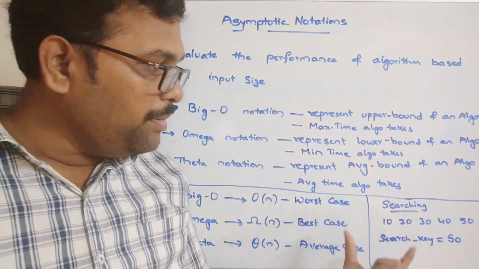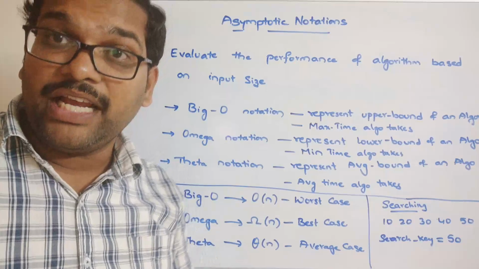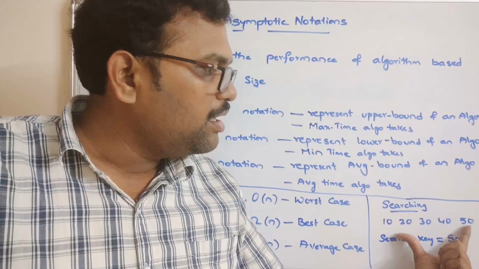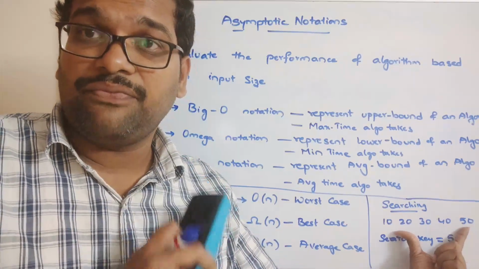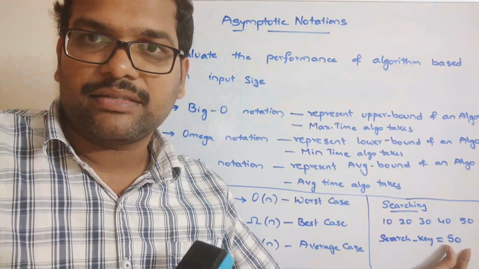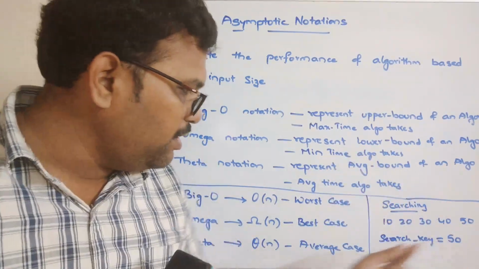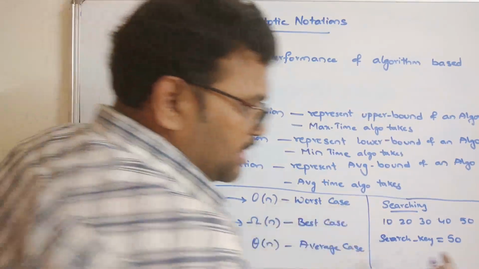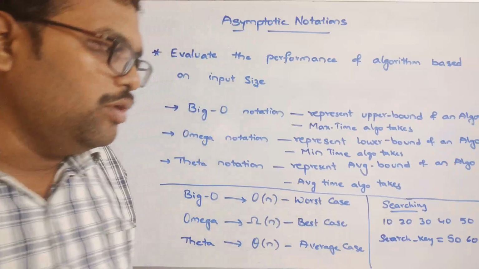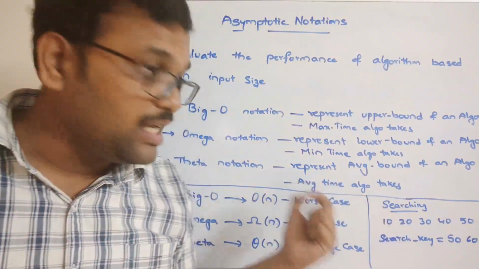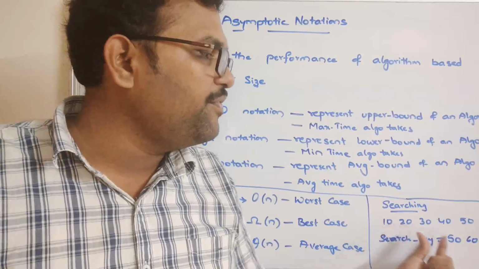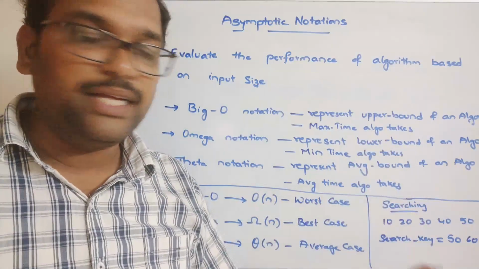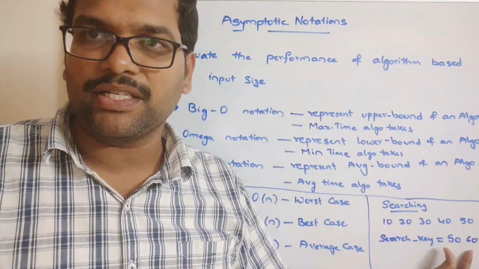How many iterations and comparisons do we have to do? The total is 5 comparisons. In the 5th comparison we will get the success. So that will be the worst case, that means maximum time. If the search key is 60, the key should be compared with each and every element until it goes to the end. So this will be the worst case time complexity.